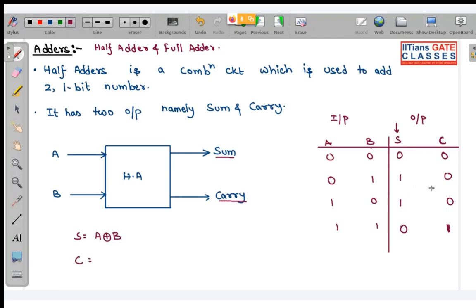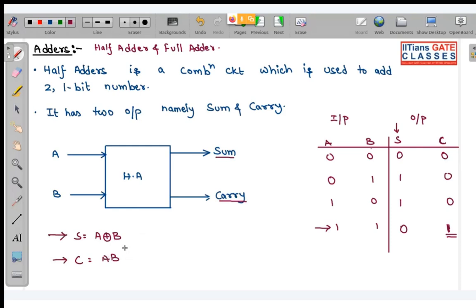And C, I can write like this: at this place only we have a min term, so that will be A B. Now you can even write the max terms also. It's up to you. If you write the max terms, you will get the same expression. So you can see over here that we got sum as A XOR B and C as A dot B.